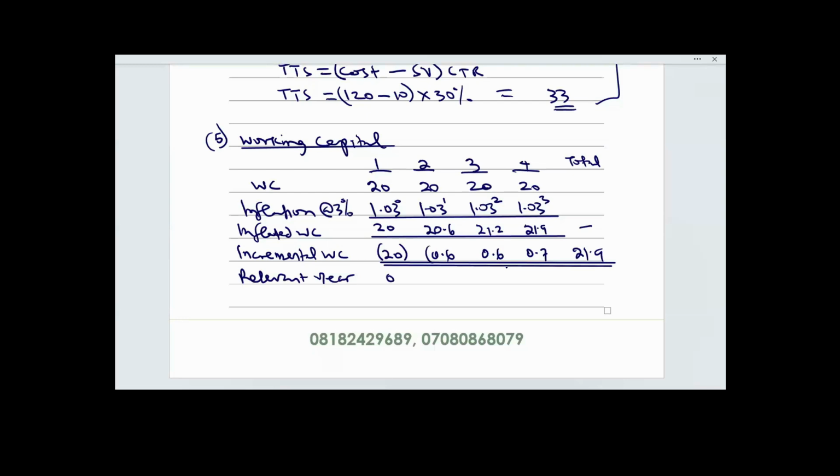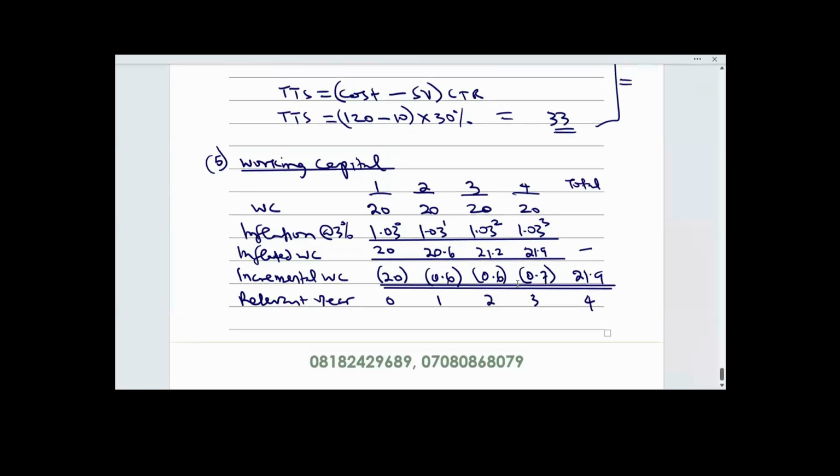The one of 0.6 in year 2 should be treated as cash outflow in the year before year 2, which is year 1. The one of year 3 of 0.6 should be treated as cash outflow in the year before year 3, which is year 2. The one of 0.7 should be treated as cash outflow in year 3. Then at the end of the useful life of 4 years, we recover the entire working capital. So everything has nil off. Okay, so that is as per that.